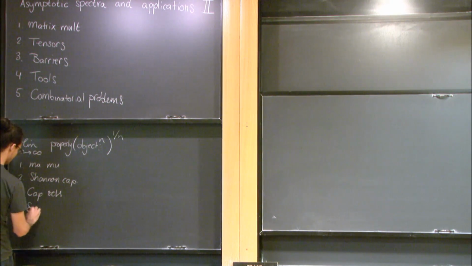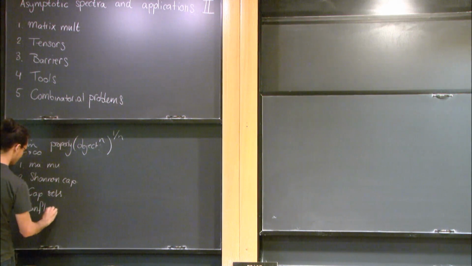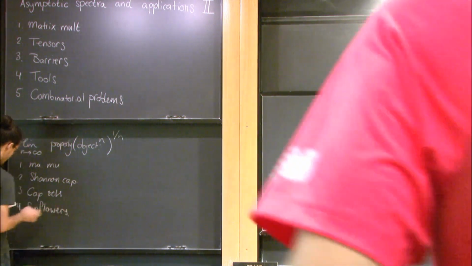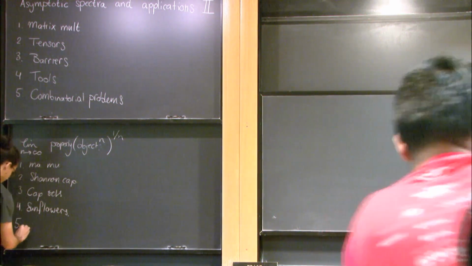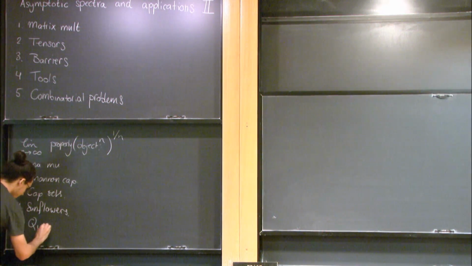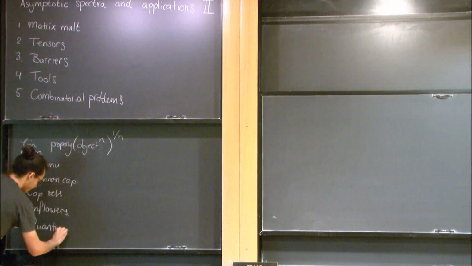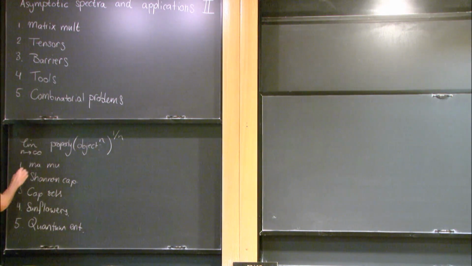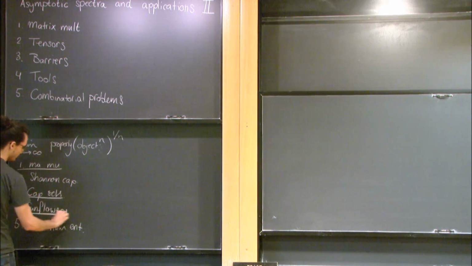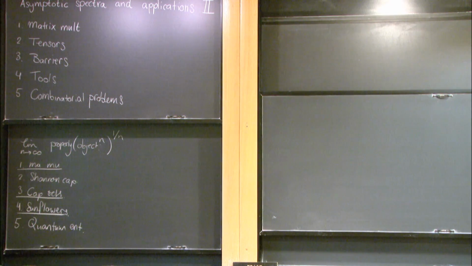The fourth example is about sunflowers. And the fifth example was about quantum entanglement. So we'll be talking about this one mostly, and hopefully a bit about those two as well.